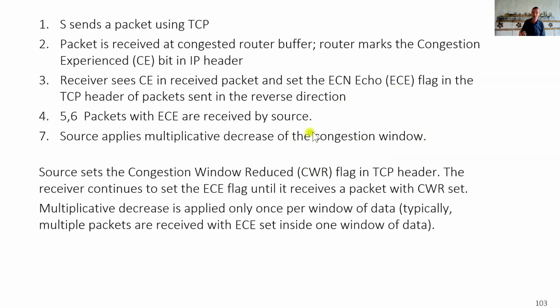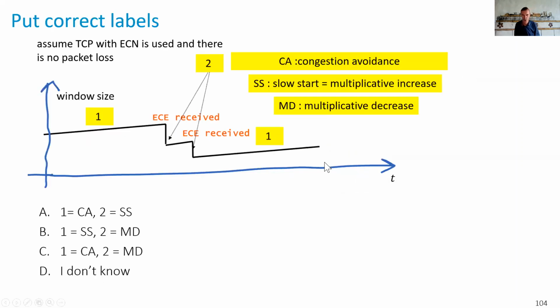This is a way to reliably send this bit. In some sense, the echo is 1 bit that we want to send back to the source, but this ACK could be lost, so we want to make sure it is not lost. And also another mechanism is that in TCP Reno, when it uses ECN, we try to decrease the window size only once per round trip time. So this mechanism will support this.